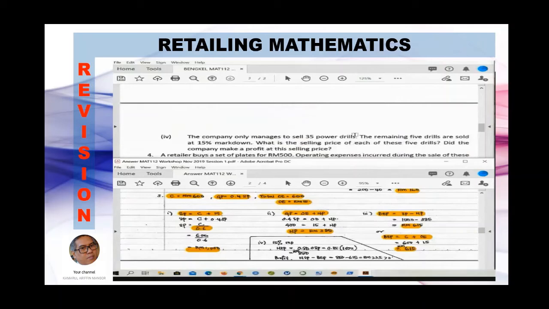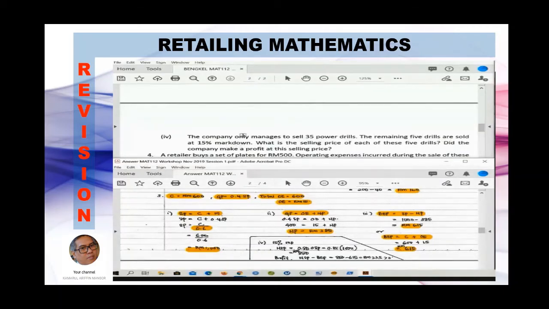Okay, the last question to this problem adalah dia kata kat sini, the company only managed to sell 35 power drills. Okay, dia hanya berjaya untuk jual 35 power drills pada harga RM1000. Okay, the remaining 5 drills are sold at 15% markdown.